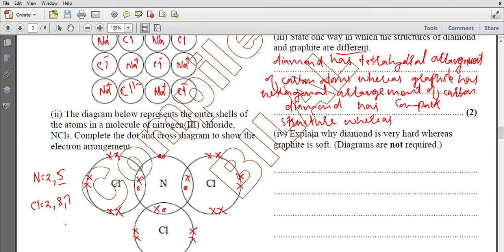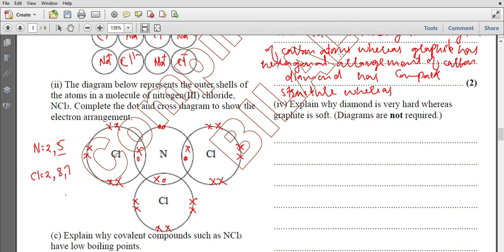The fifth part says explain why diamond is very hard whereas graphite is soft. Simply say diamond has a compact structure whereas graphite has layers.